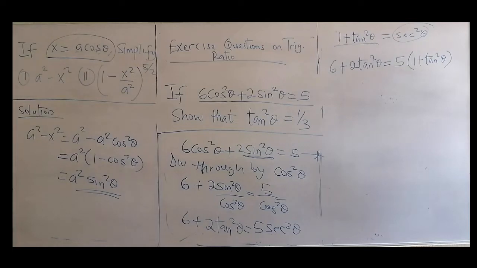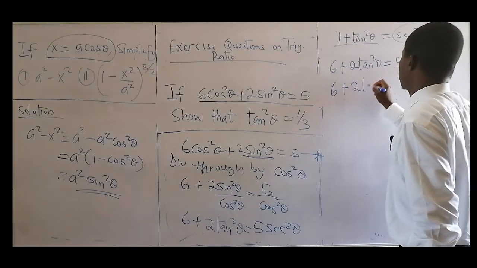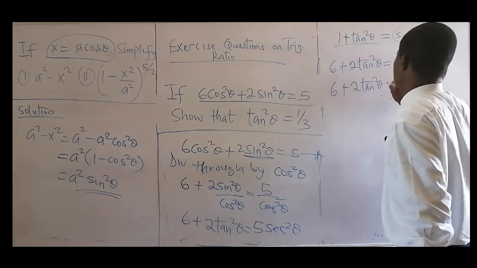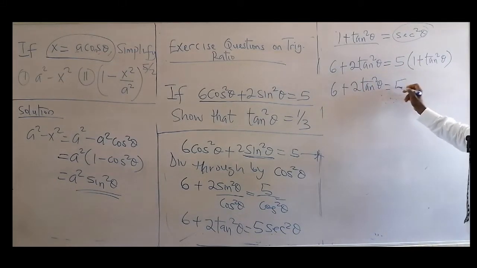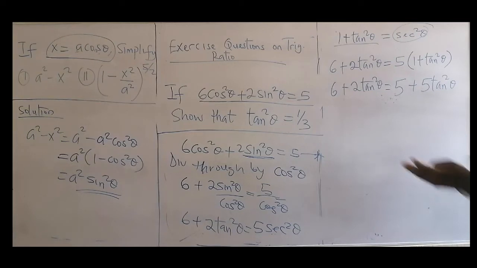Okay, so then let's do the expansion. That will be equal to 6 plus 2 tan squared theta, and then 5 times 1, that's 5, plus 5 tan squared theta. Let's try to bring all the tan together and bring the constants to the other side.